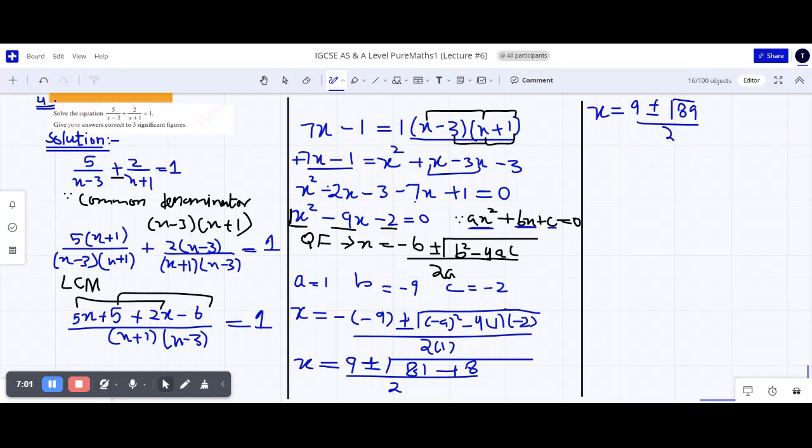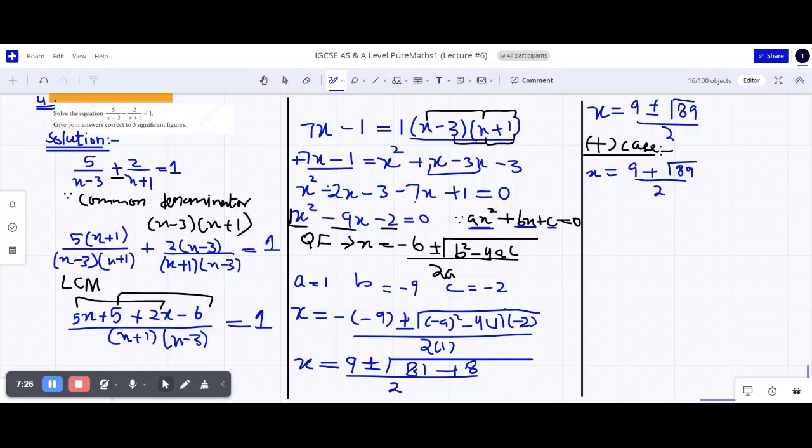Now we have two values. First we write with plus and then with minus. For the positive case, x equals 9 plus root 89, divided by 2.